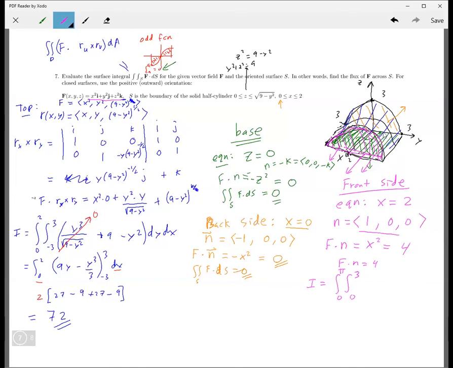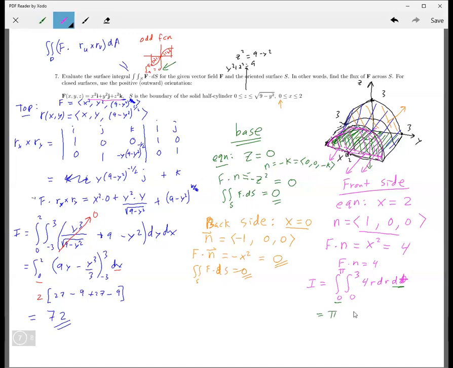So it's just 4r dr d theta. Since there are no thetas in there, and we go from 0 to pi, that's just going to be pi.